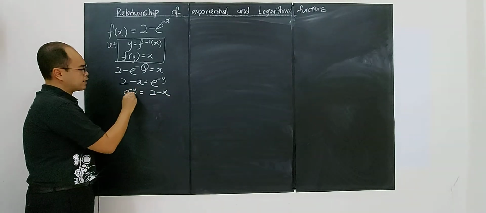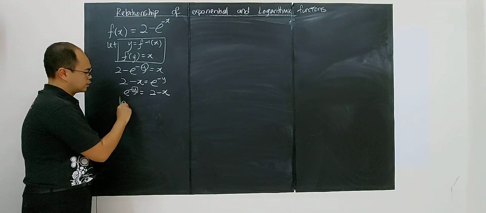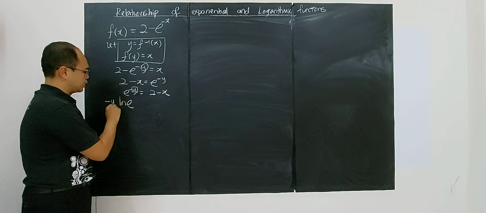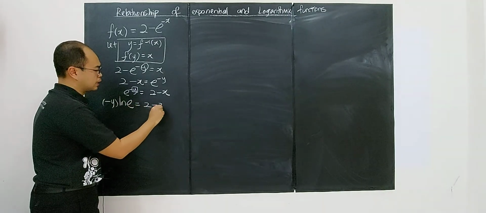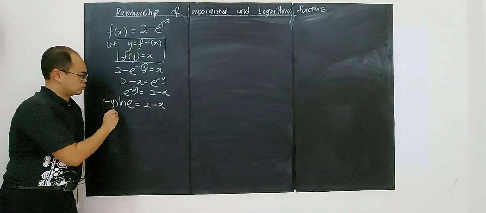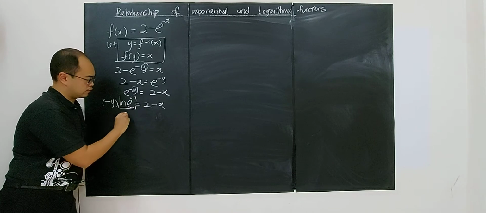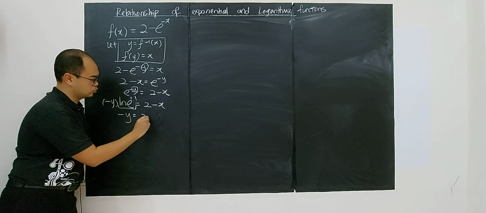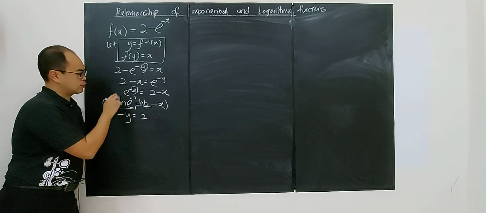To bring down the negative y, since you want y to become the subject, you put ln. Sorry, you have to put ln on both sides. I forgot that you put ln on both sides.